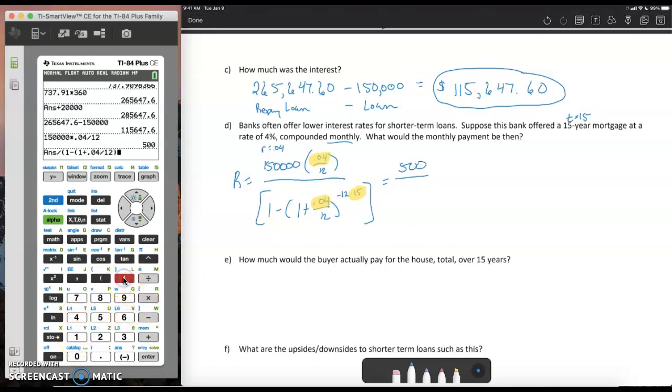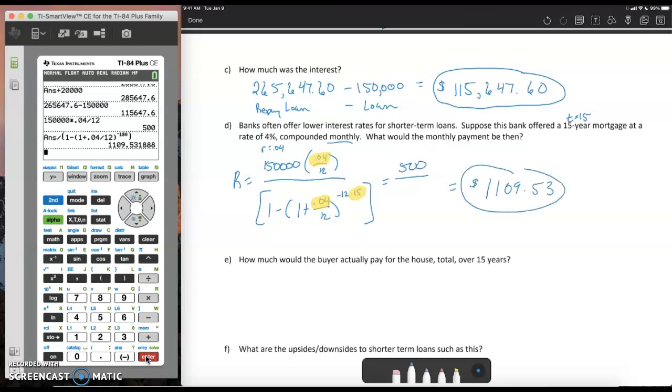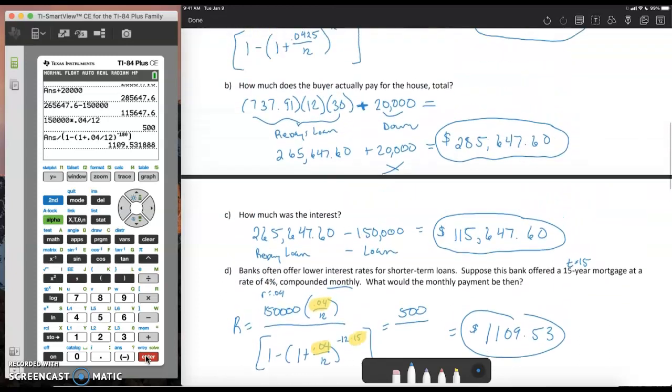Close up that inner parenthesis, and now this is the negative, and that's half. So instead of negative 360, it ends up being negative 180 power. And then drop back down and close that outer parenthesis. So we get $1,109.53.